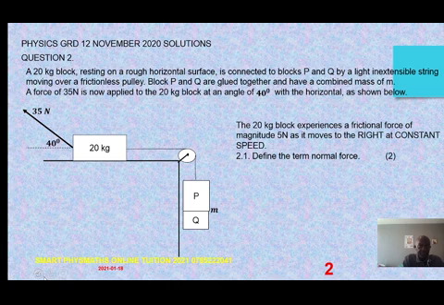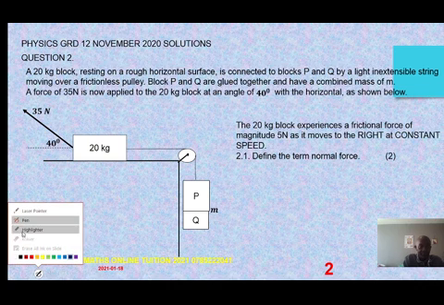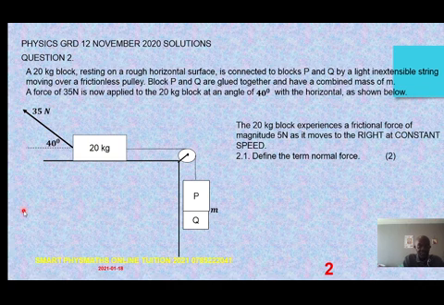Then blocks P and Q are glued together and have a combined mass of M. Then a force of 35 newtons is now applied to the 20 kilogram block at an angle of 40 degrees with the horizontal as shown in the diagram below.